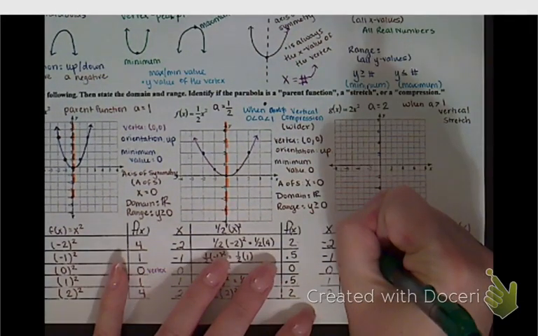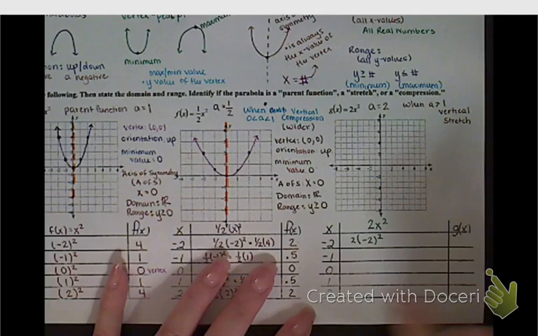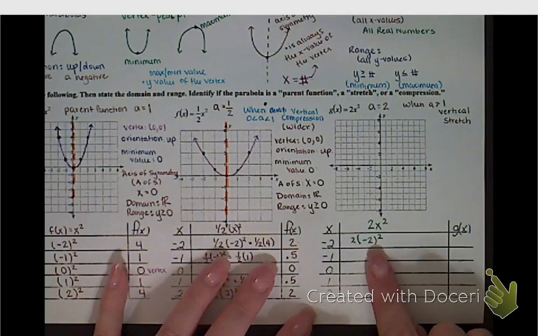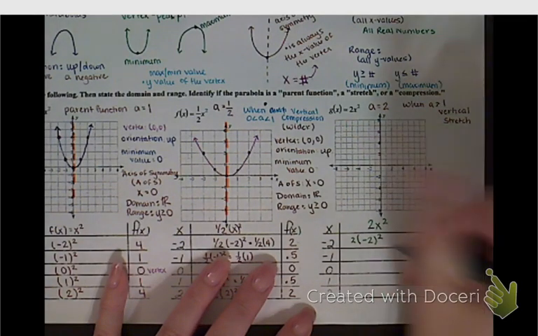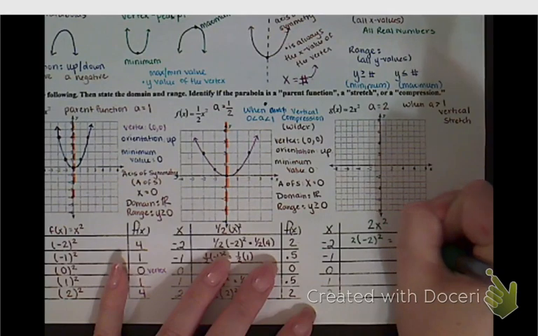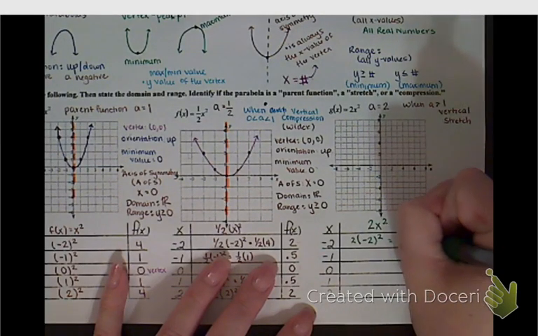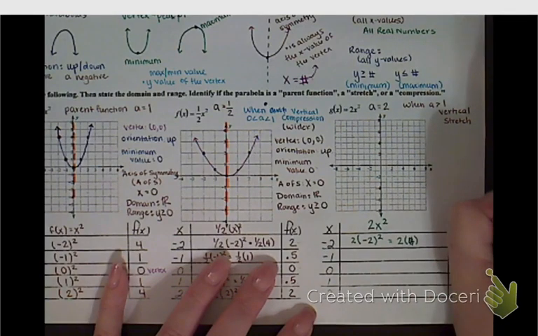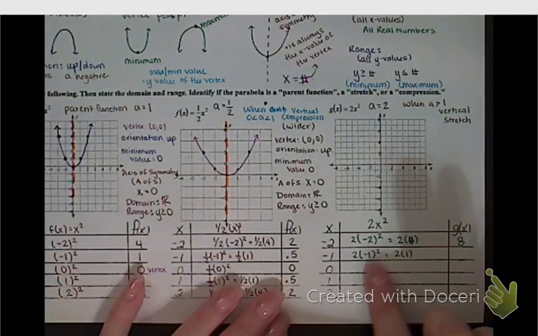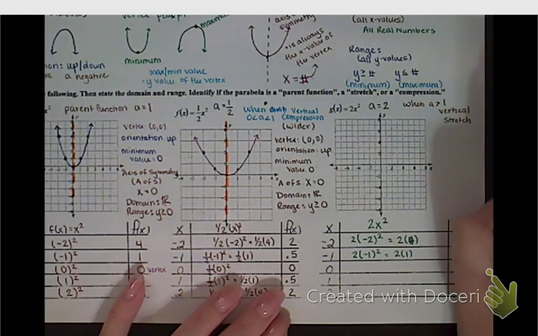2 times -2 squared. So again, you're dealing with your squareds first, order of operations. -2 squared is 4. 2 times 4 is 8. Oops, that should be a 4. This should be an 8. There we go. Next, we have 2 times -1 squared, or 2 times +1. -1 squared is 1. 2 times 1 is 2.